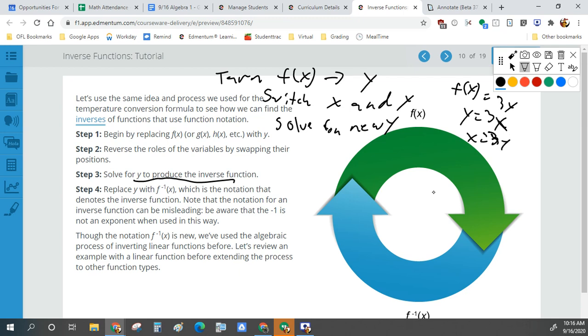So I have to get this 3y by itself. So I have to divide by 3. So I get y equals x divided by 3. And the last step is change new y to f inverse of x. And remember, these parentheses don't mean times when we're talking about a function. It means of. It means this is our input. That x is our input.